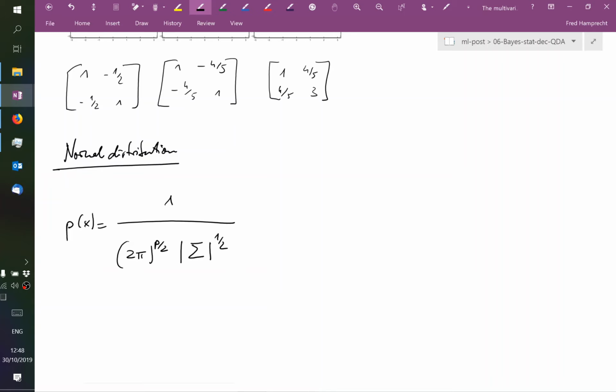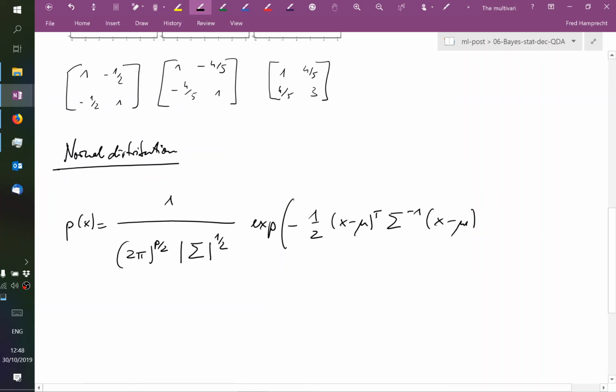The bigger the spread, the smaller this normalization constant. So I'm happy if you just remember that there is some constant depending on p and sigma. Okay. But what you must remember is the following: that it's x minus mu transpose times sigma to the -1 times x minus mu.